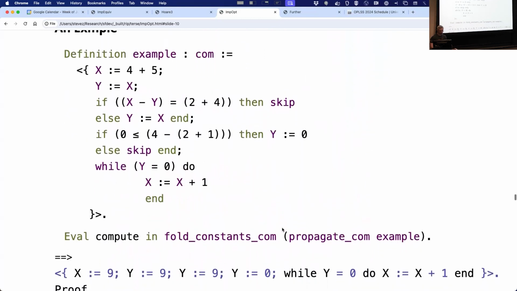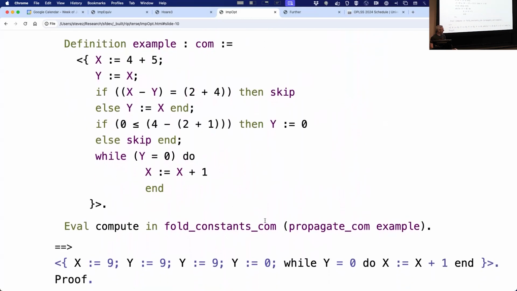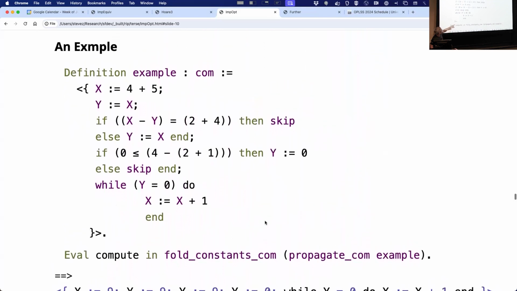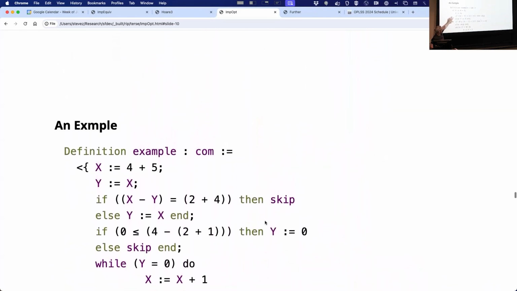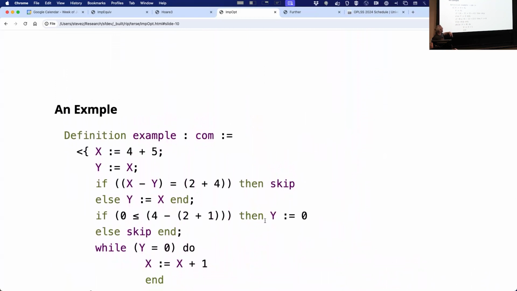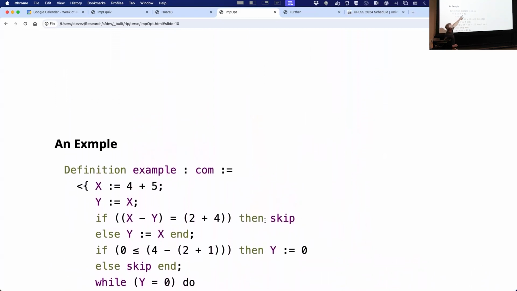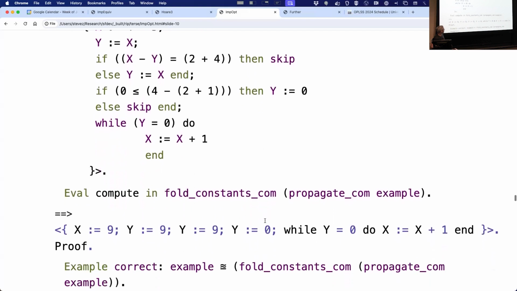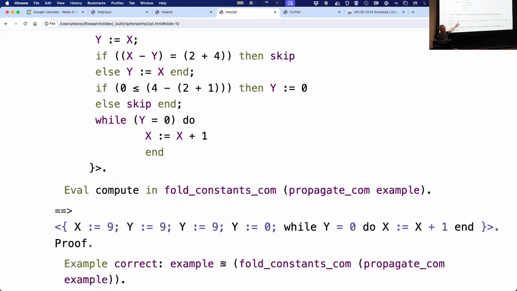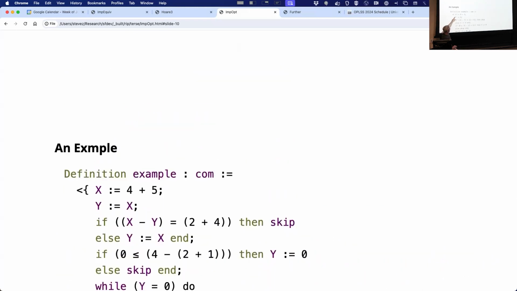And finally, as an example, if we apply that constant propagation algorithm to this piece of code, which is kind of needlessly complicated, we can see that x gets 4 plus 5, and then we mention x here, and then we use x and y here, and so on. If we do that constant propagation on this code, we end up with this. x gets 9, y gets 9, y gets 9 again, because we've constant propagated 9 to here, and then we actually can do this entire if-then-else statically.